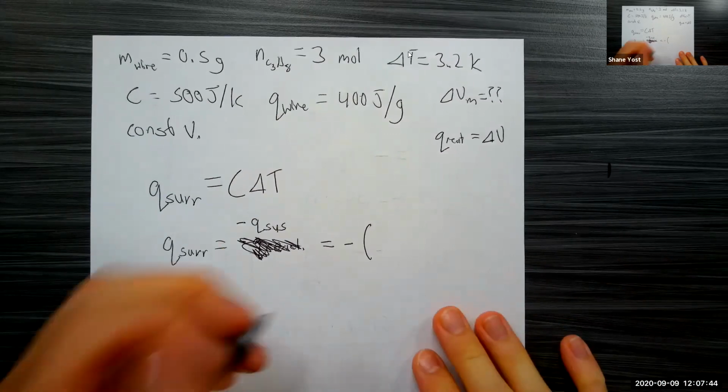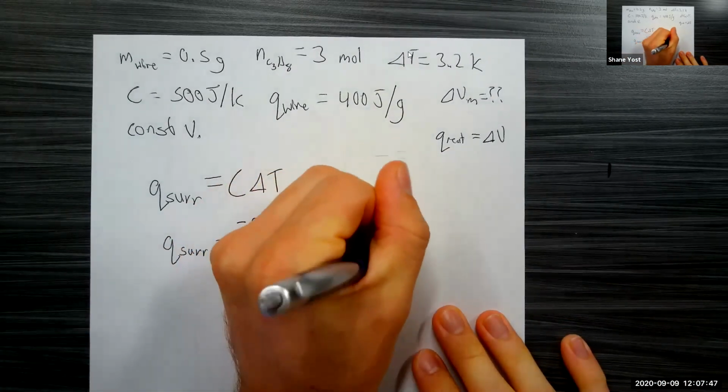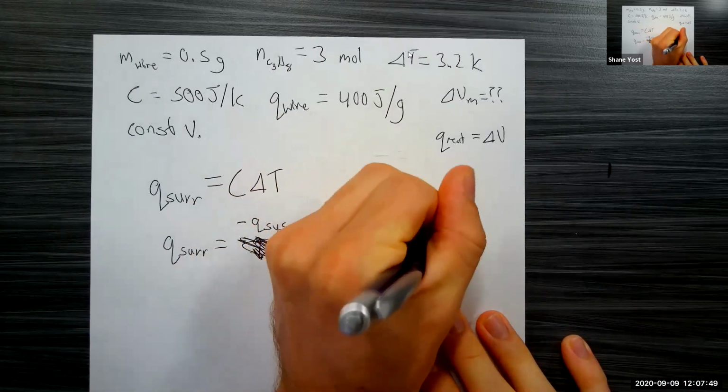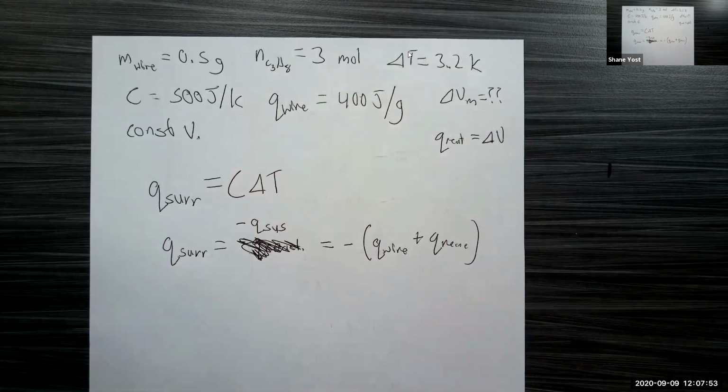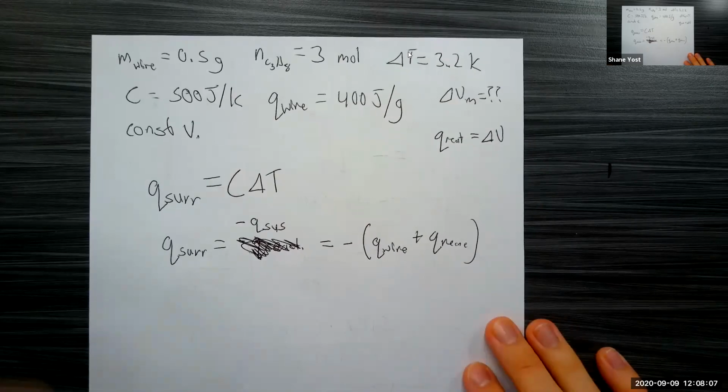From the wire and my reaction. In this combustion chamber, I burn some wire to ignite this reaction. That wire gives off heat as it burns, and then my reaction gives off heat as it burns. So the total heat given off by the system is just the sum of those two heats.